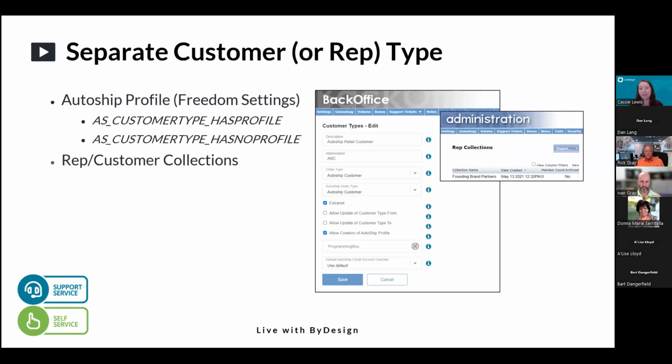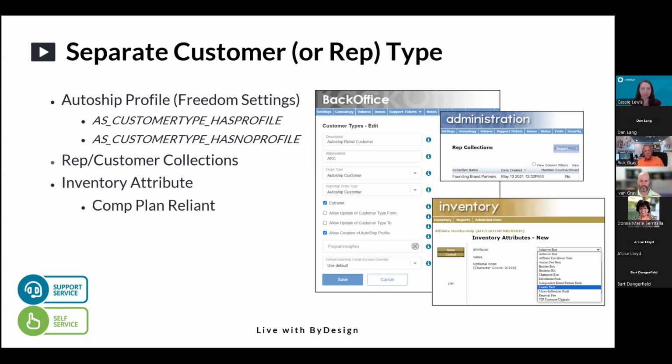So you could have a VIP collection and you can manually upload Excel spreadsheets for those that should be considered VIP, or you can go in and manually add them one at a time. There's also ways to add customers to a collection based on inventory purchase, promotion actions, etc. But the collections are a way, if you're not able to use the auto ship, to dictate the specific customer type for VIP.